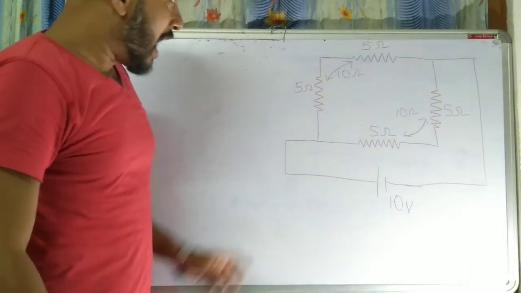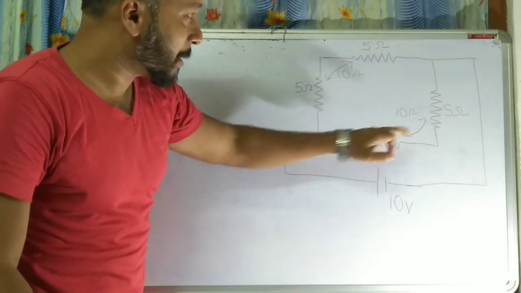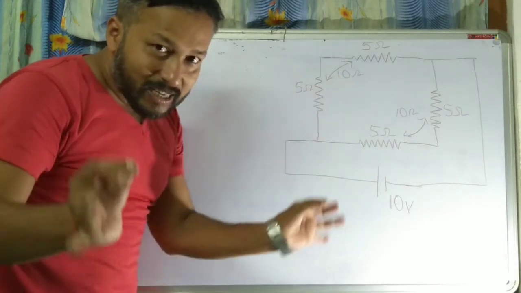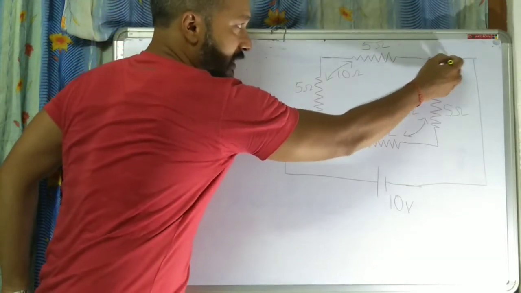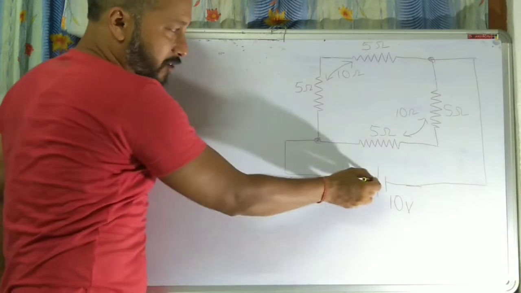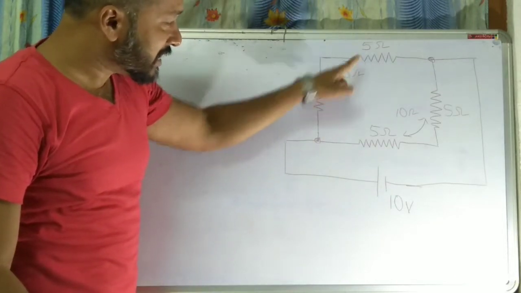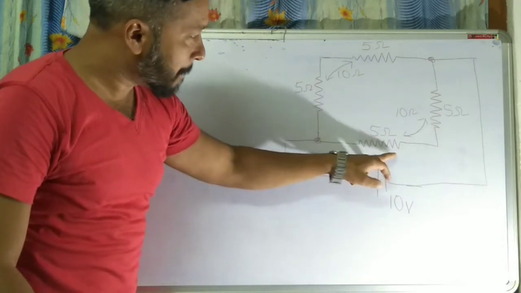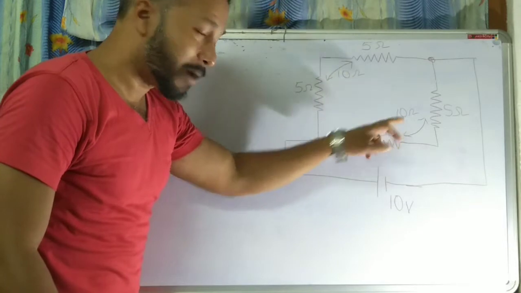And these two are in parallel, because from here the wires are going to the battery, and from here also it is going to the battery. So these two are in series, these two are in series, but these two are in parallel. So 10 ohm and 10 ohm are in parallel.